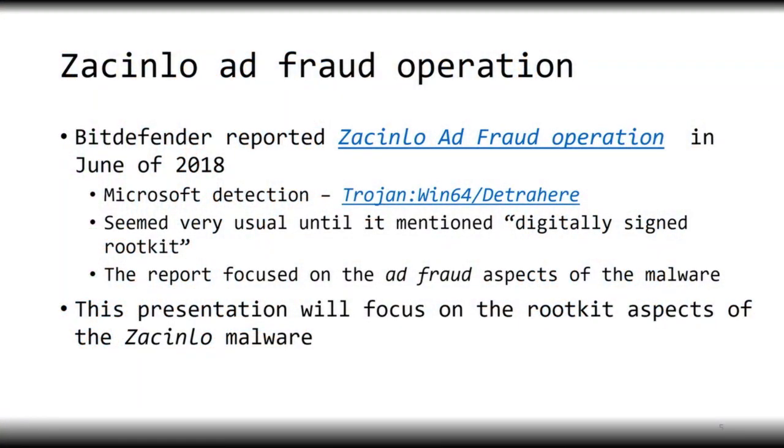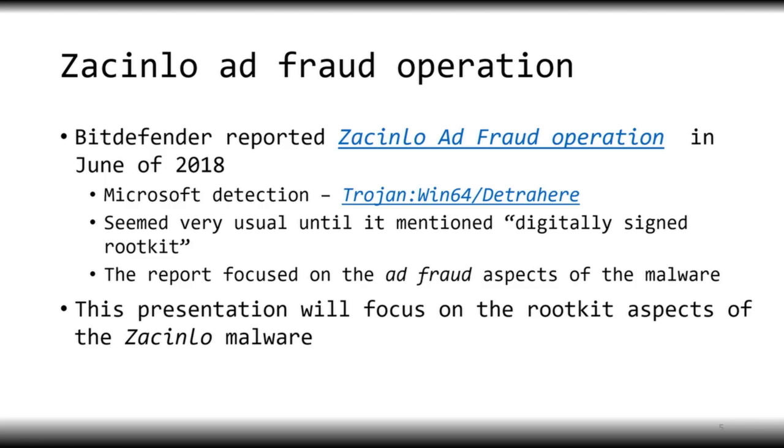In June 2018, a very interesting report came out from Bitdefender, with a weird name, Zacinlo, or Jacino, I don't know. It's an ad fraud operation. The report looked quite normal until it mentioned a digitally signed rootkit.